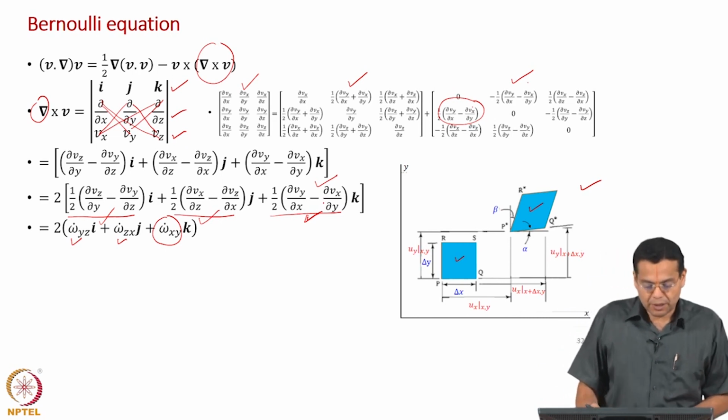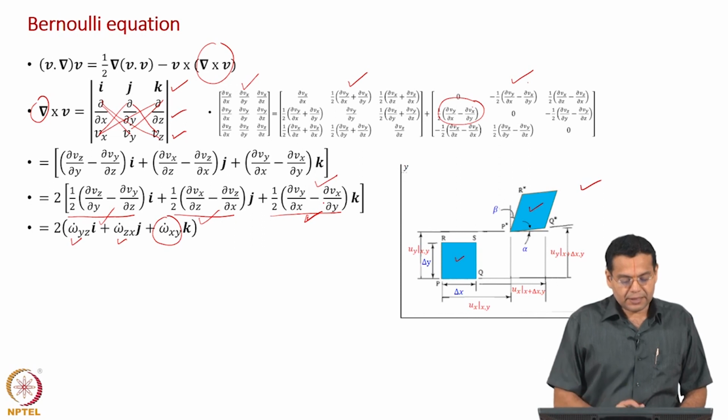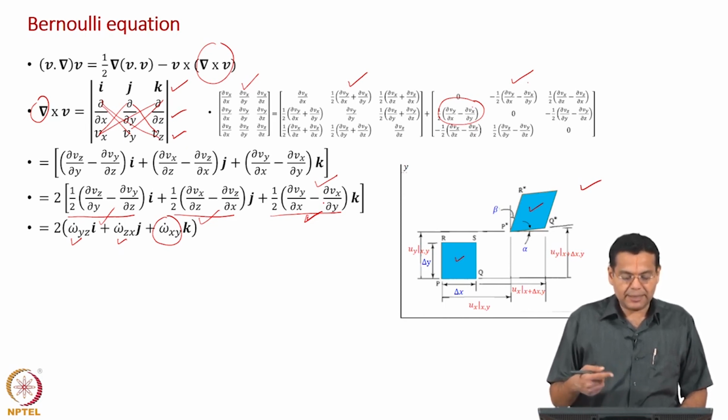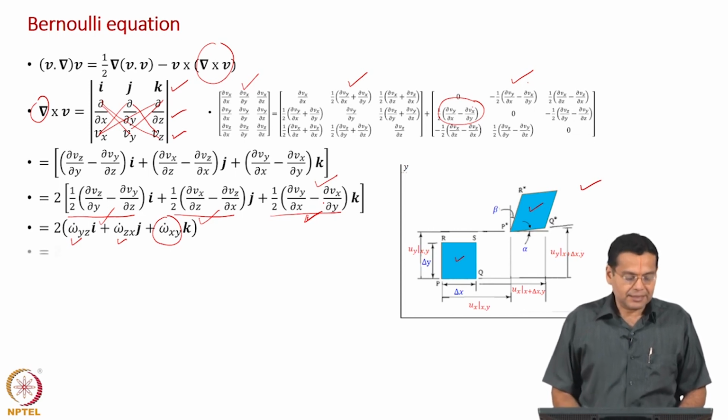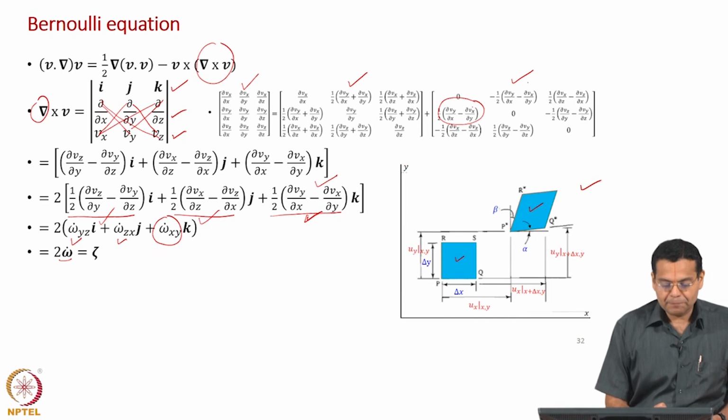So, now you have a vector. How is the vector formed? The vector is formed with the components as the rate of rotation in the yz plane, zx plane and xy plane. Such a vector we represent with bold omega and then a dot.